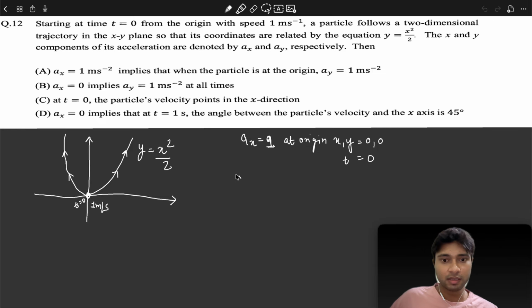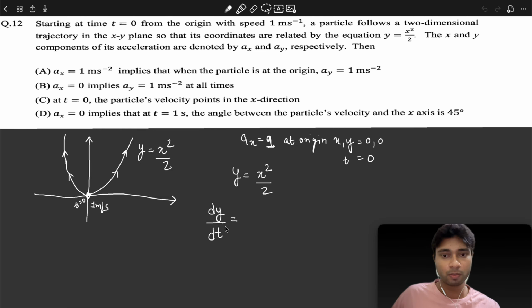It is given that y is equal to x square by 2. If I differentiate these terms with respect to time, dy by dt will be equal to x dx by dt, right? So what does dy by dt indicate?